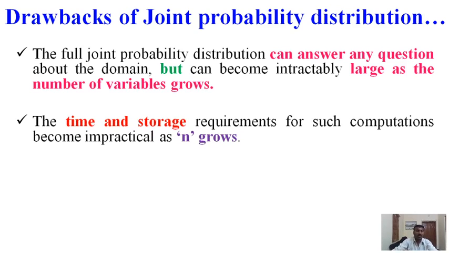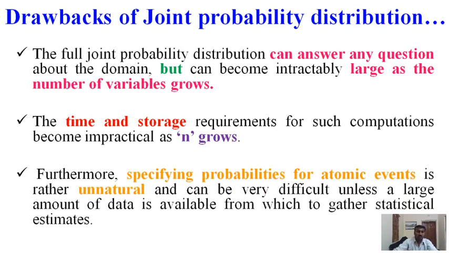The second one: the time and storage requirements for such computation become impractical as n grows. If the joint probability distribution grows to a large number of values, the time and storage requirements may not be manageable.